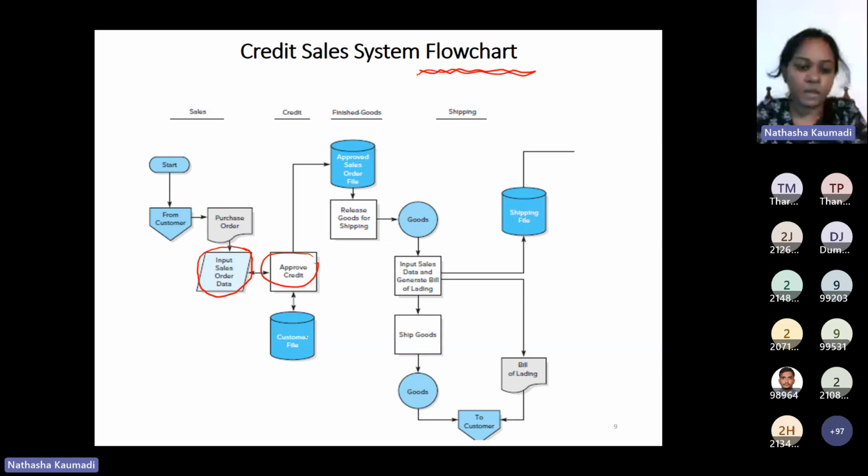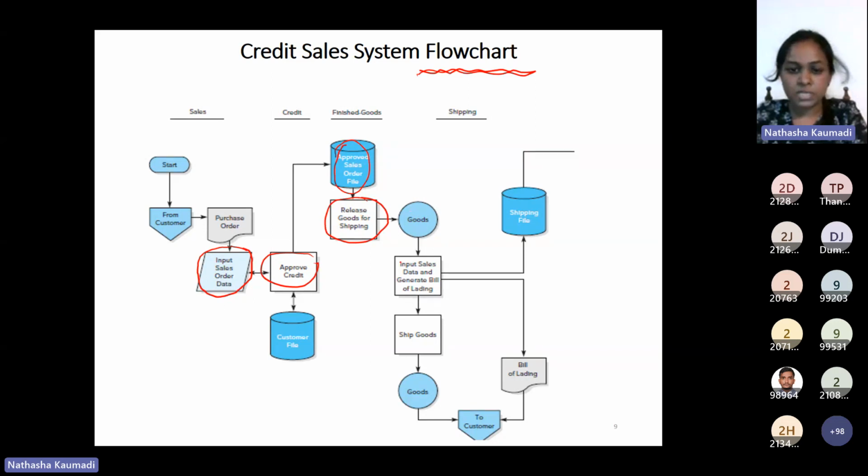So likewise, looking at the customer file and entering them, approval of credit is there. After approval, approved sales order file. Now previously you have recorded the sales order. After approving the credit limit, approved sales order file will be there. And then release goods for shipping. Everything is okay, you release the goods.